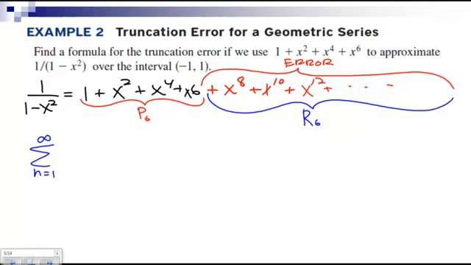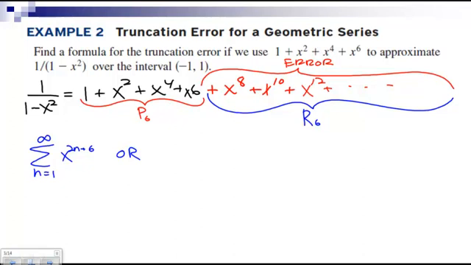Why can't you just put x to the 2n plus 6? Or you could put down there n equals 4 and put down the nth term for that. Or I could look at the remainder portion.